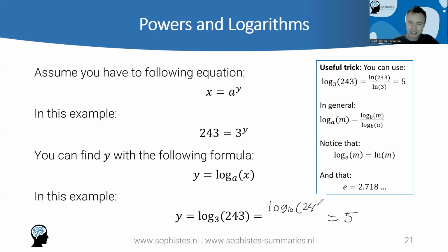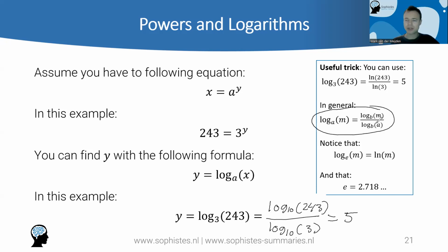If you apply that consistently in the numerator and in the denominator, you will also see it works. Here, give it a try. Log 243 divided by log 3. So it doesn't matter if you use ln or log 10, they both give you the correct solution.